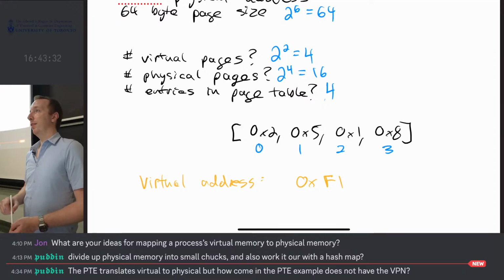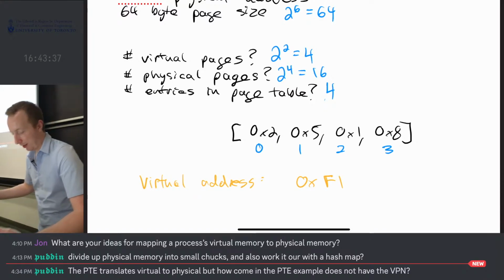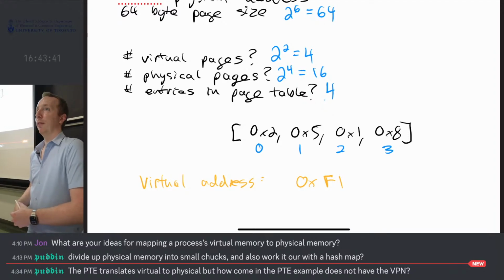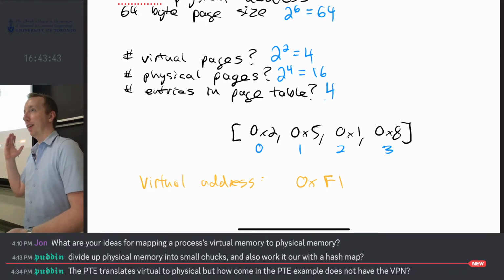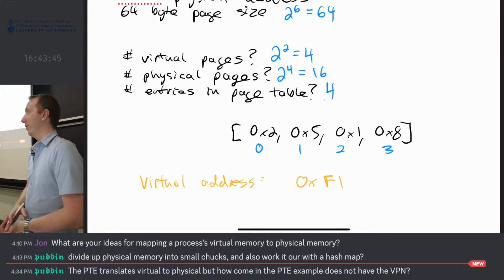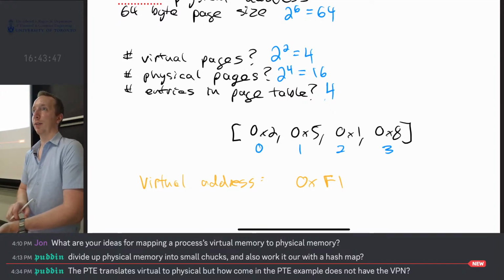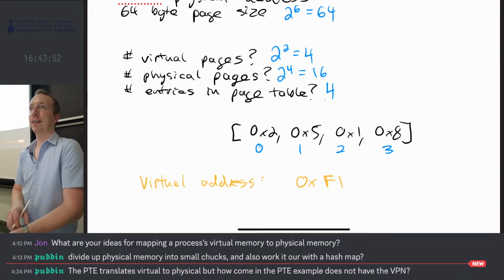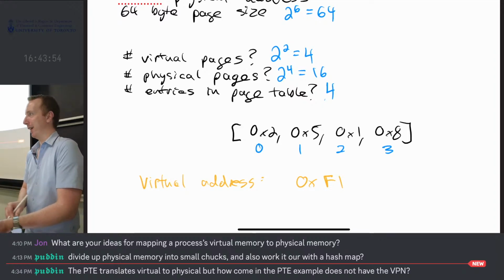So this is where it gets a bit more of a pain, because our offset that we don't have to translate is 6 bits, not a multiple of a hex digit. So I can't just chop it off. This gets annoying. So this is why you were drilled on binary and hex and all that stuff. It's to prepare you for this, I guess.